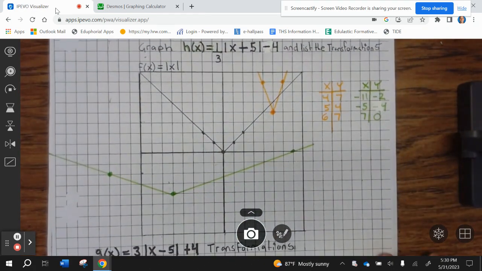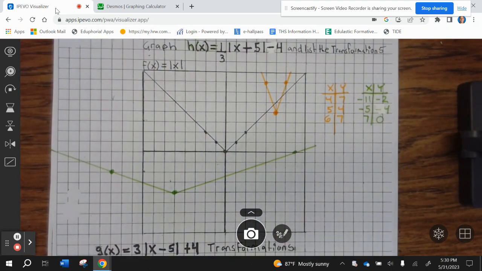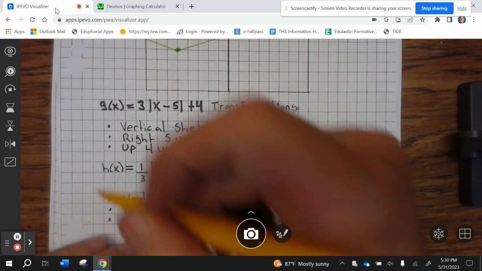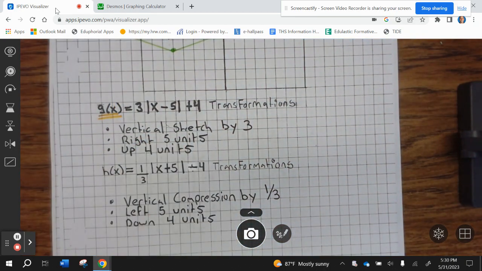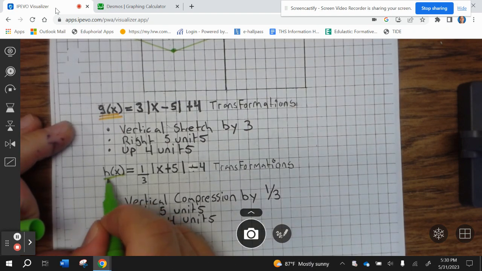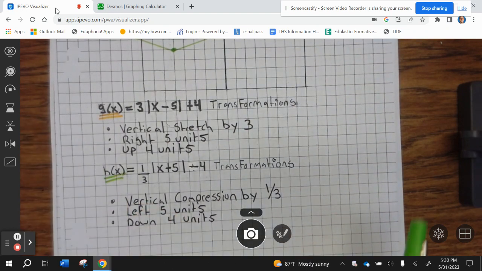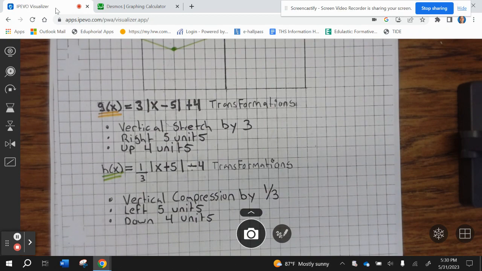All right, go ahead and finish up the graphs. All right, and then go ahead and read over the transformations. All right, go ahead and finish up example number 1.